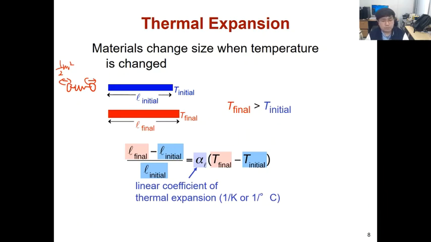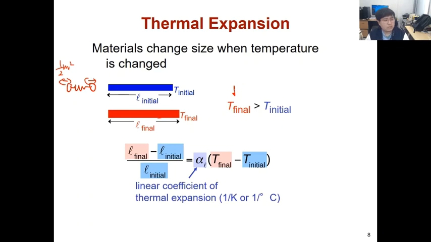After understanding this physical phenomenon, when we increase the temperature, the final length of the solid structure can increase, looks like this. So if we have a larger solid structure, that means the temperature is slightly higher than the initial state.